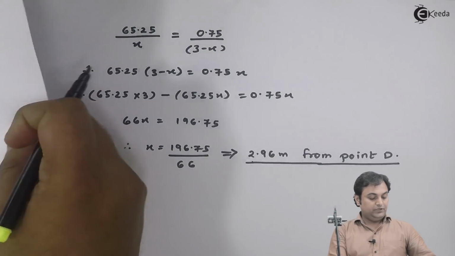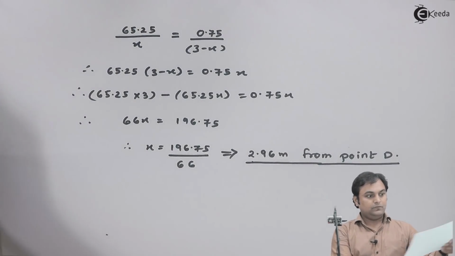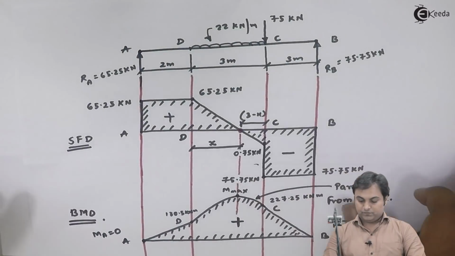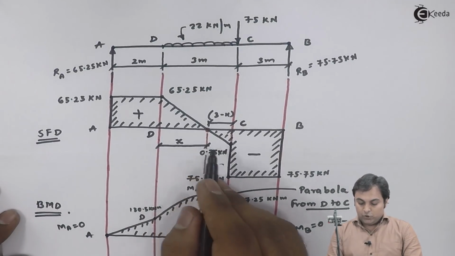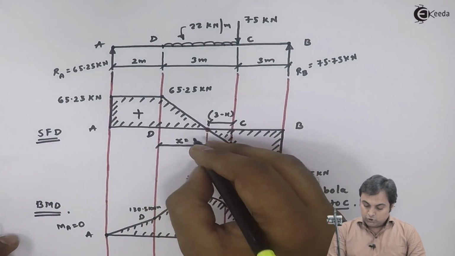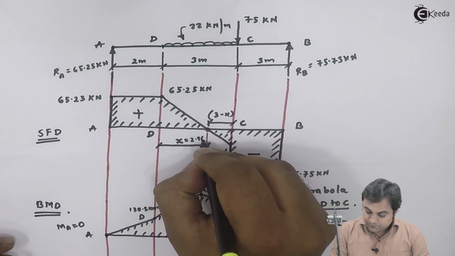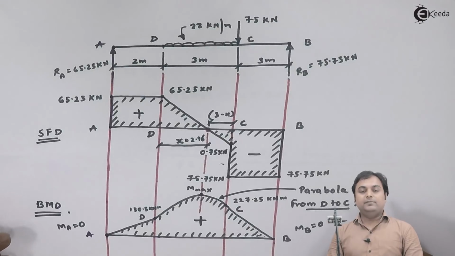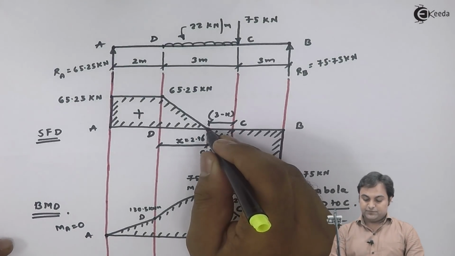So I have calculated the location from point D where shear force becomes 0, and this answer of X is 2.96 meter. Now I will be calculating the bending moment at this point.